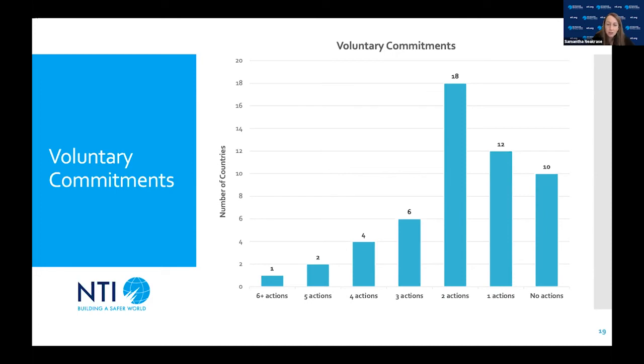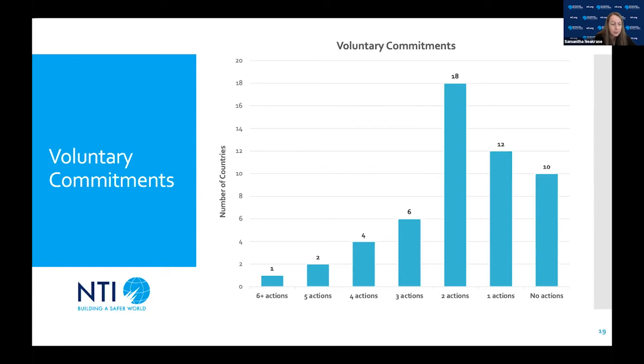So this chart shows, of the 53 countries in Africa, how many countries have taken a certain number of actions. So you can see one country in Africa, which is Nigeria, has taken 6 or more of those voluntary actions to support initiatives. 2 countries have taken 5, and that includes Algeria and Morocco.